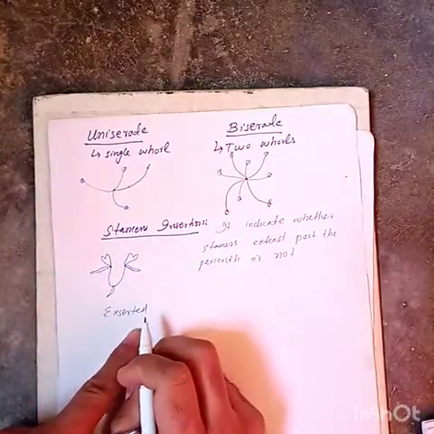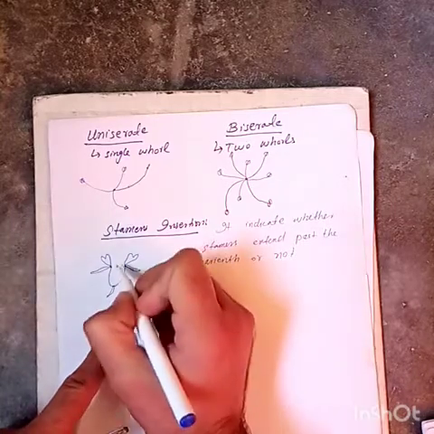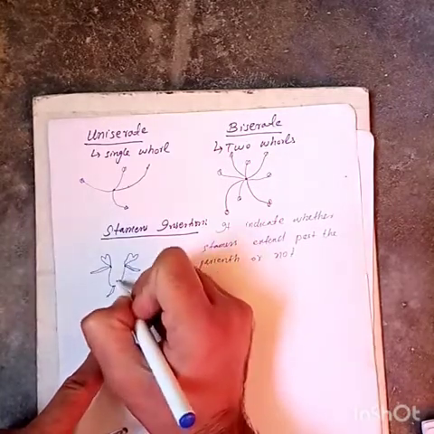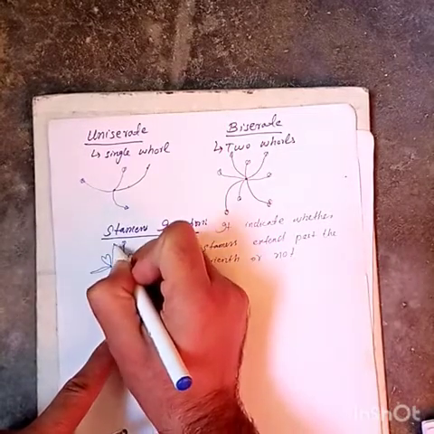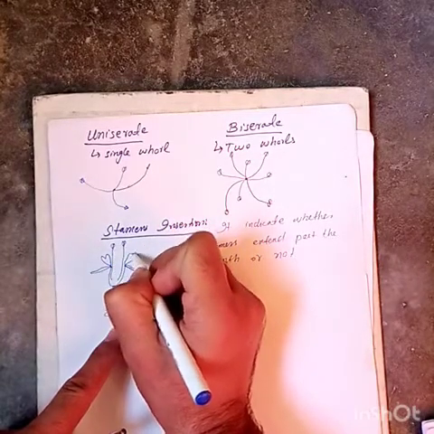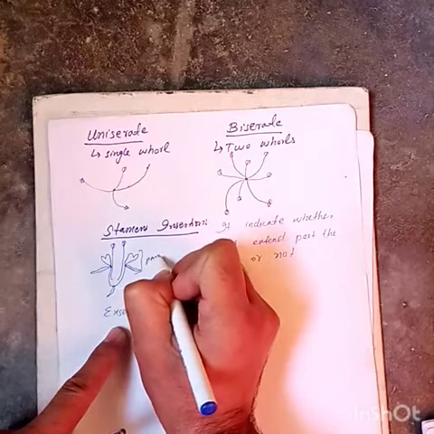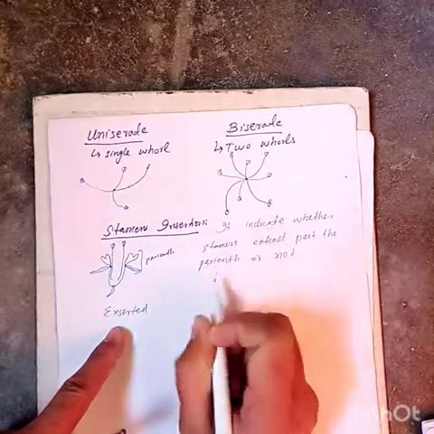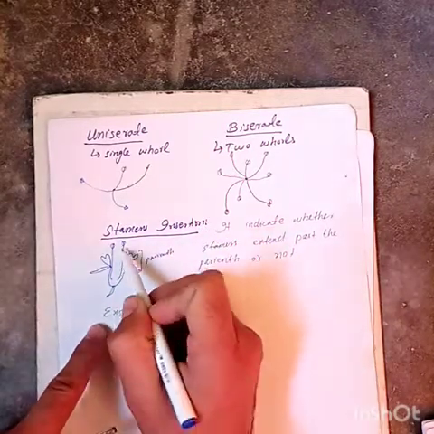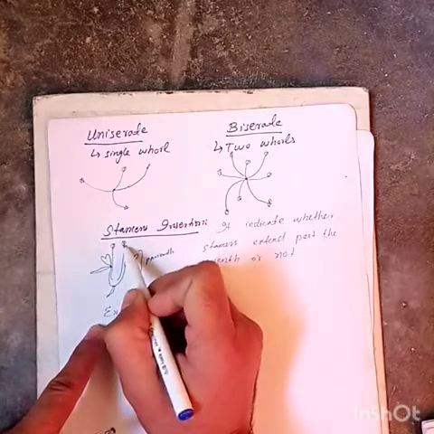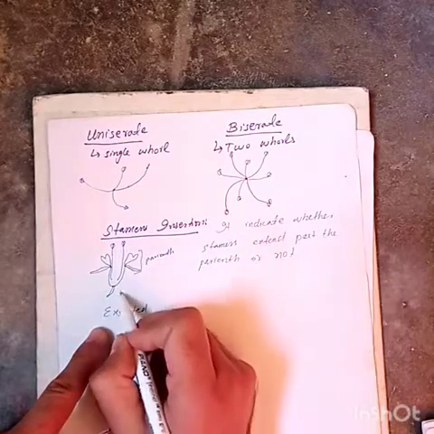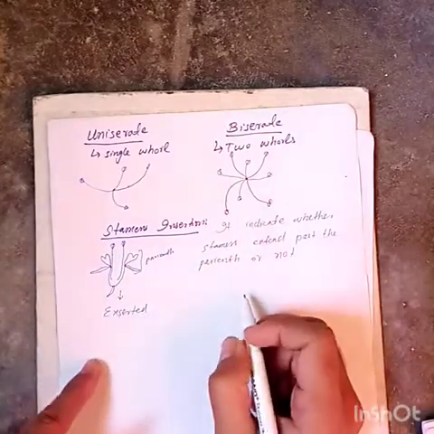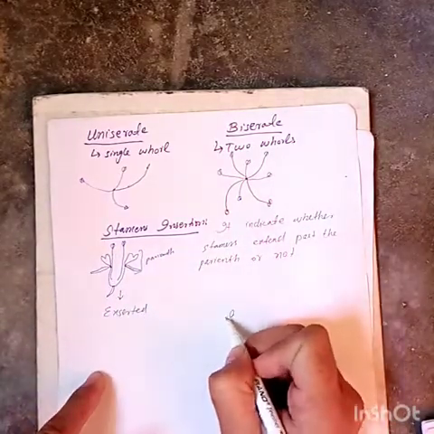Exserted are those stamens that protrude beyond the perianth. These are perianth, and the stamen extends past the perianth or protrudes out of the perianth. Such type is known as exserted, and the other one is inserted.